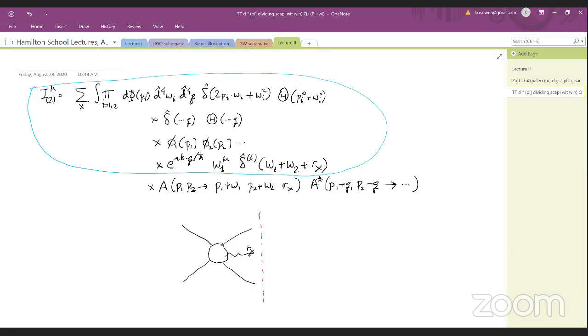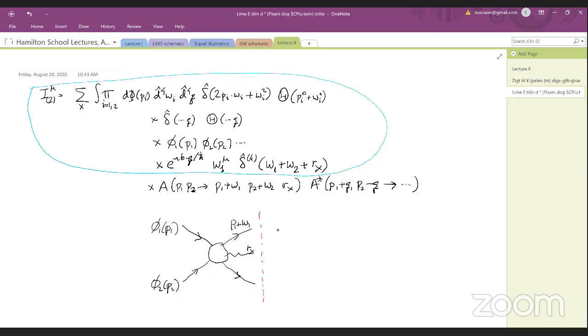So here we have the wave function factors for the two incoming particles.